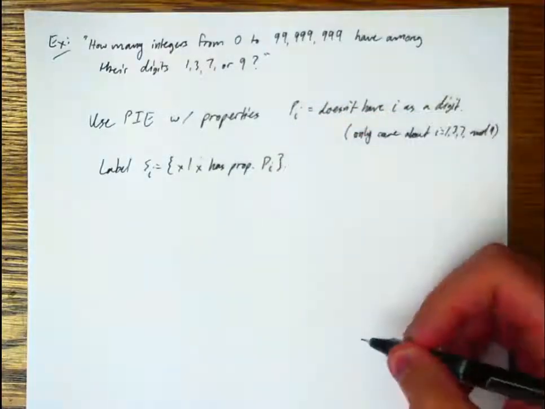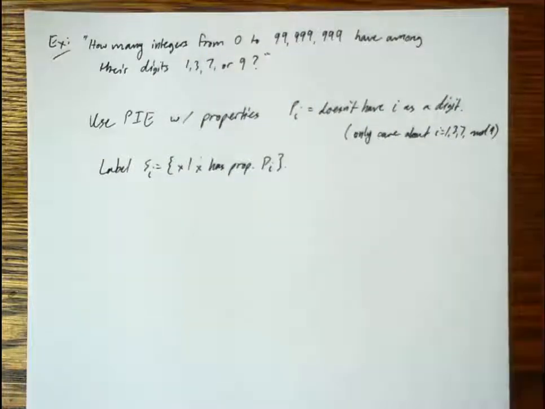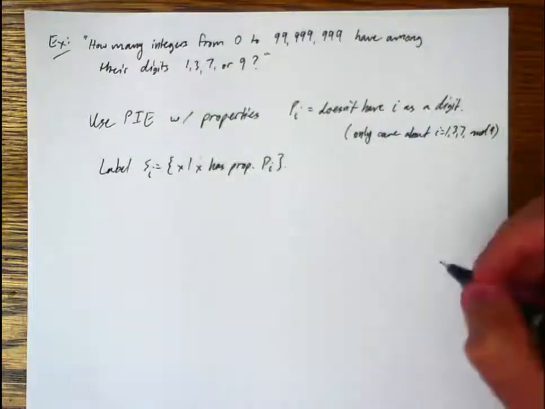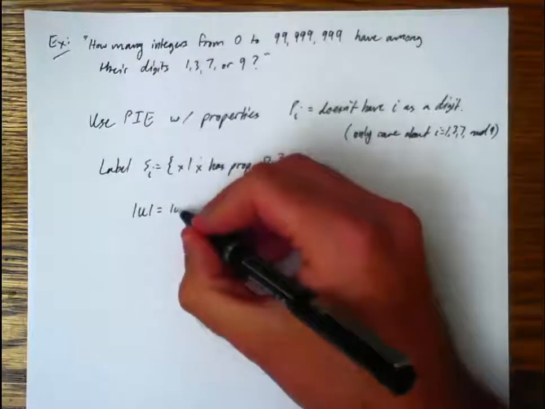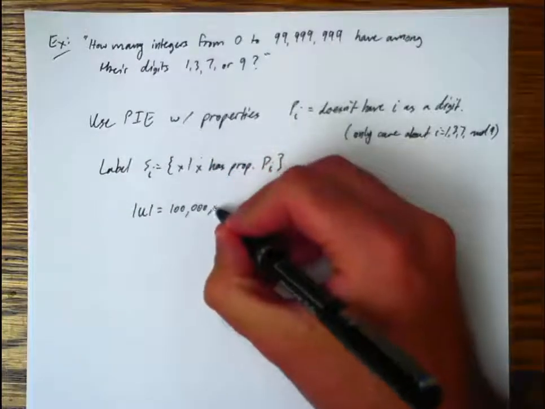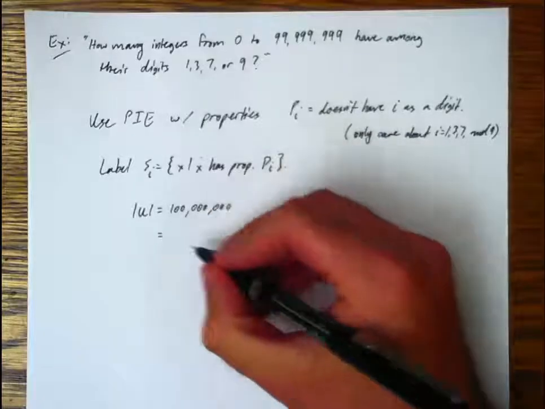All right, so now we need to figure out how many total numbers there are between 0 and 100 million. Well, duh, there are 100 million. So here are the total numbers that we want.